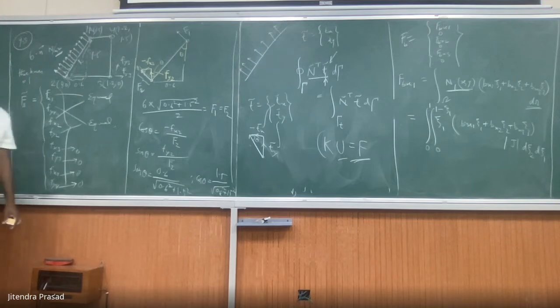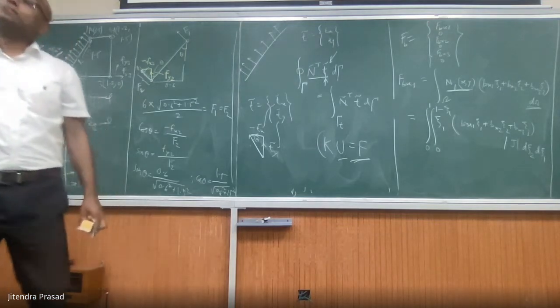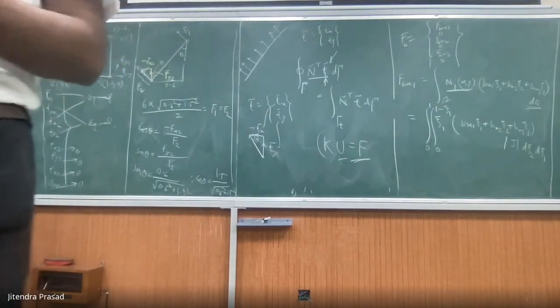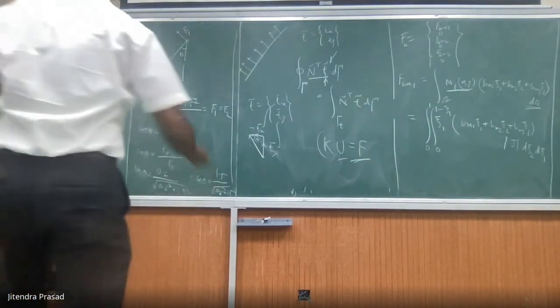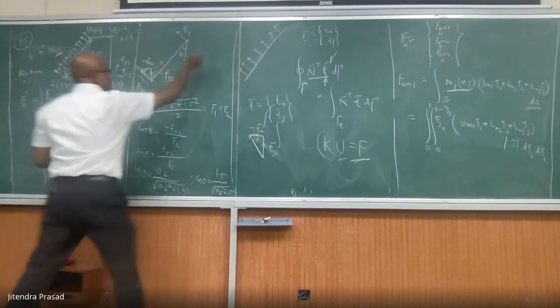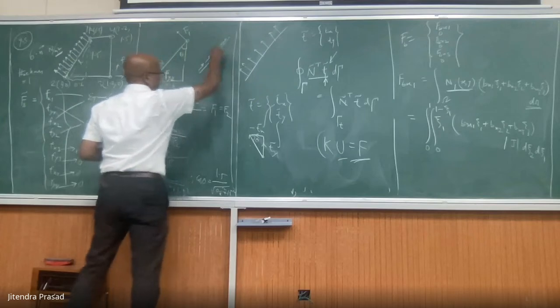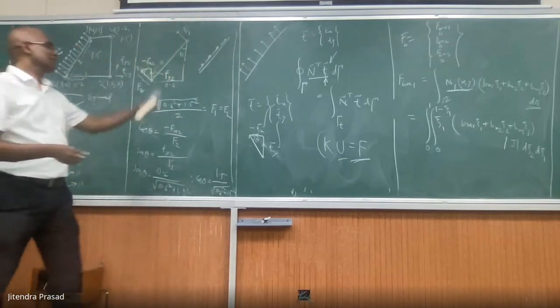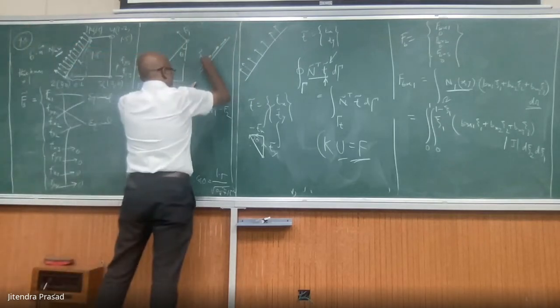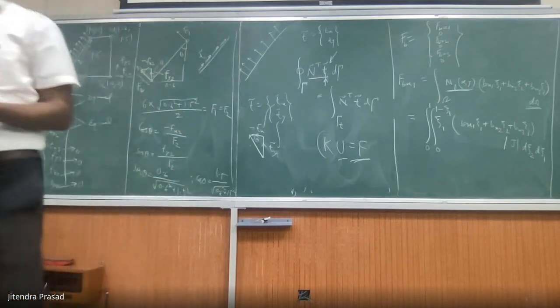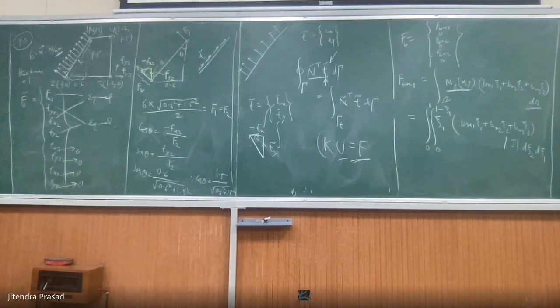Distributed load will not necessarily be perpendicular to the surface. In some problem it can be a shear load applied here, and accordingly T will be this, and you take both the components of that. That's it. It can be in any direction, right?